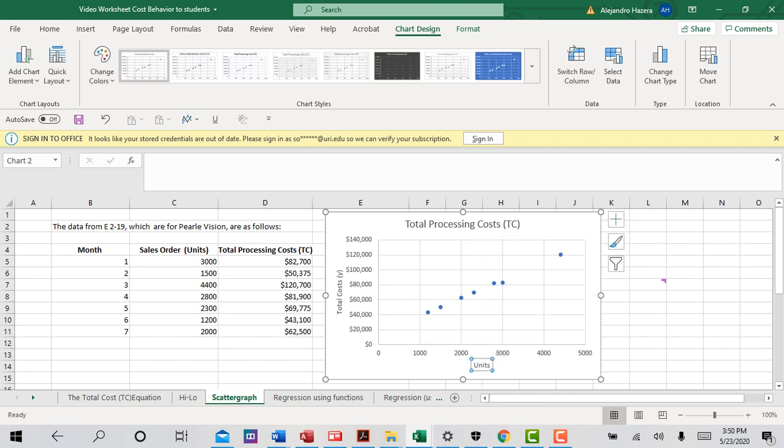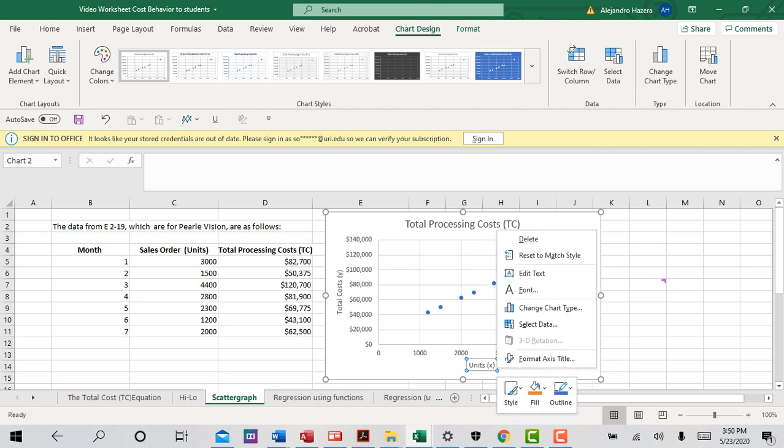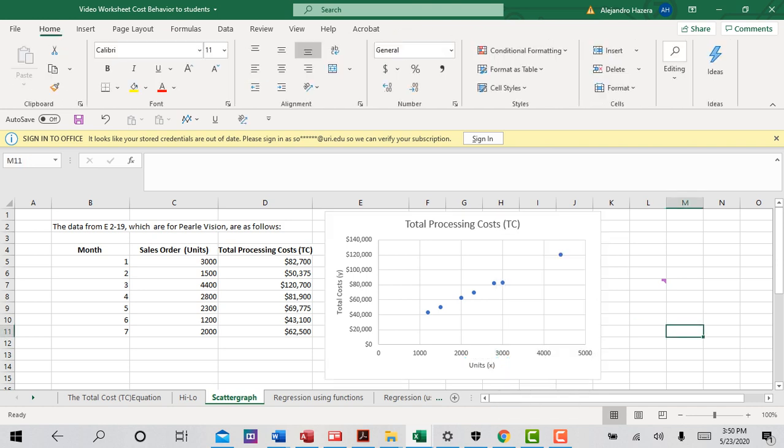I'm doing that for when we get to regression. Generically, in regression, x is the independent variable and y is the dependent variable. Okay, so I'll just stretch this out. Anyway, let's leave it like that.